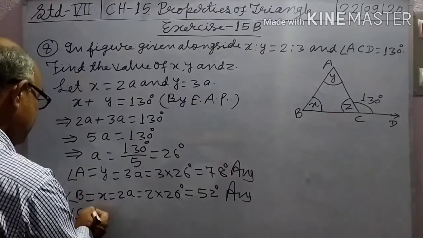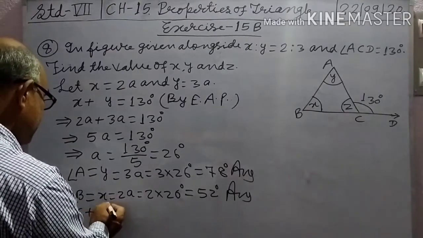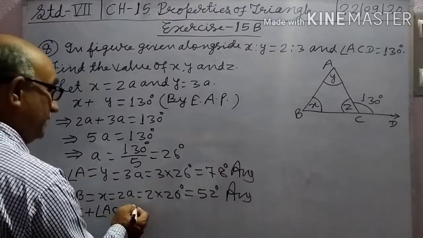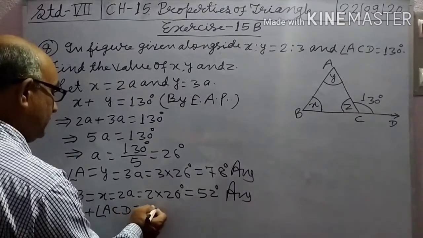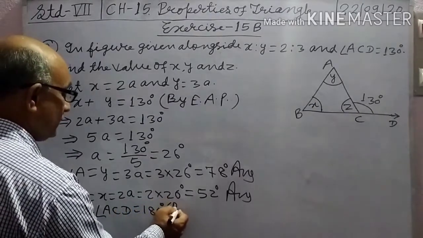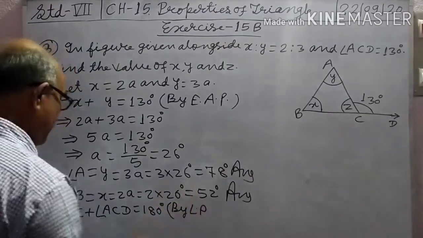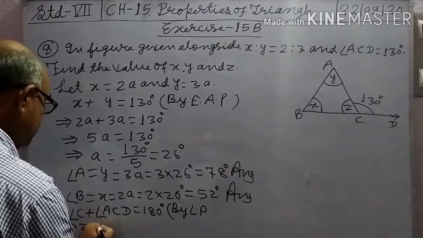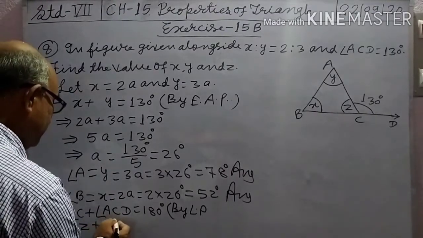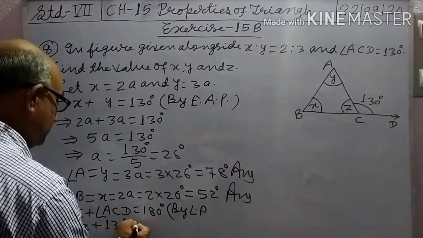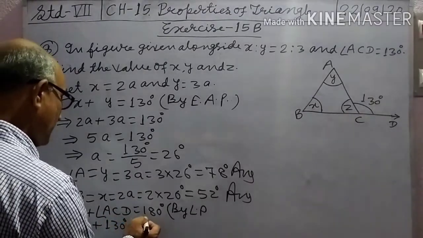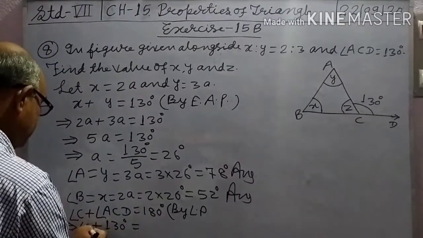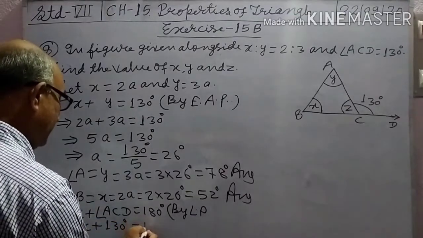And angle C plus angle ACD equal to 180 degree, by linear pair.